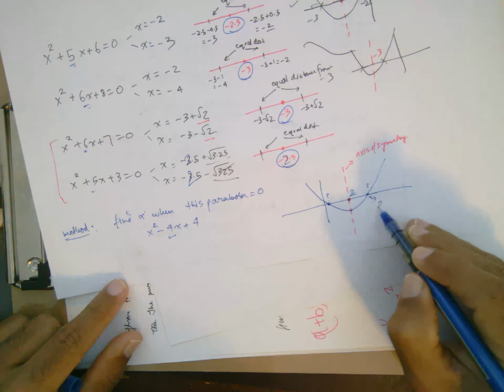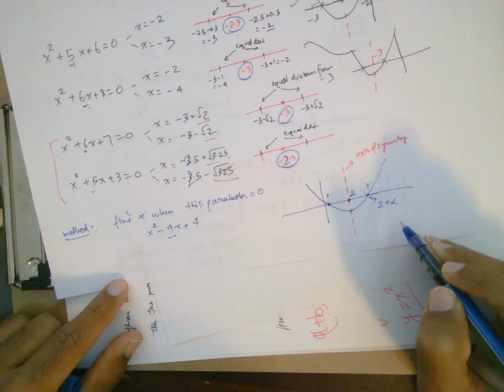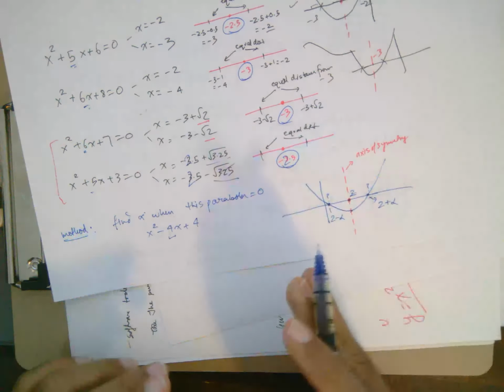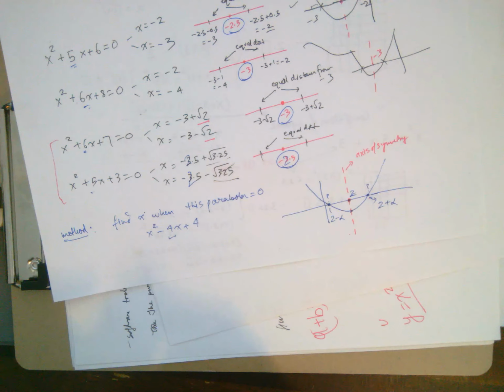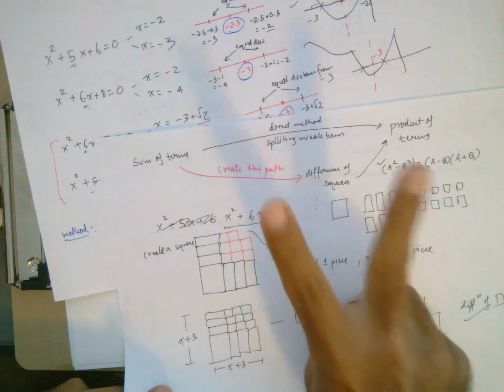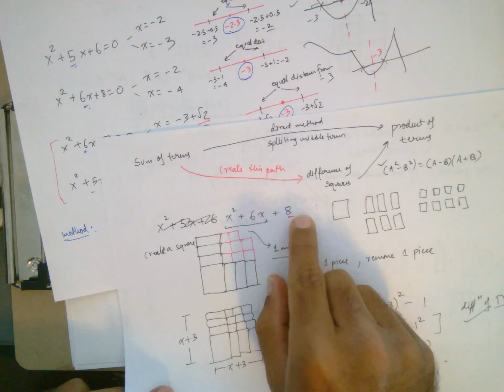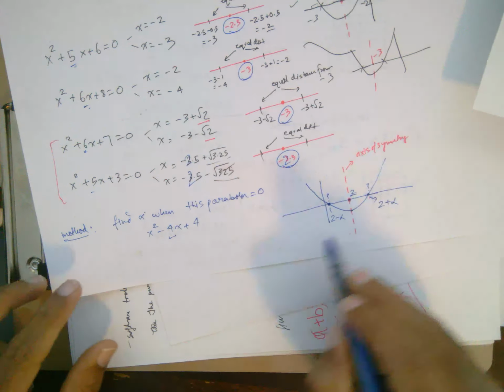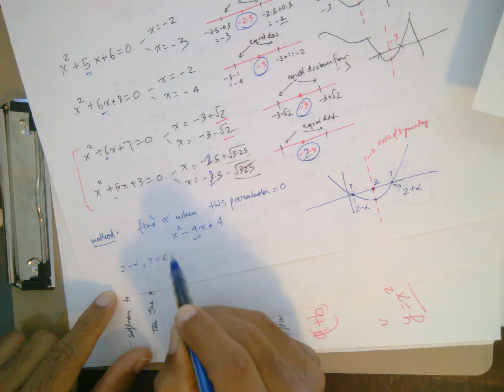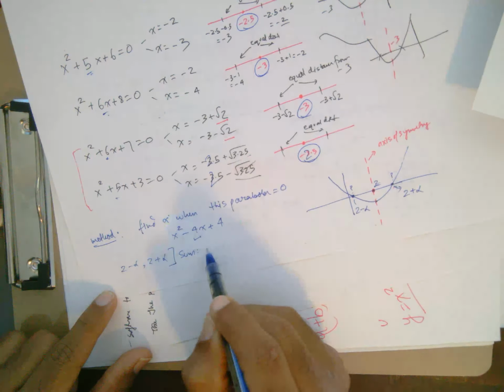So this is going to be, say, 2 plus alpha, and this is going to be 2 minus alpha because they are symmetric. Now we go back to splitting the middle term, the direct method. What was the idea there? You're trying to find two numbers whose sum is 6 and whose product is 8. So we are saying that those numbers are 2 minus alpha and 2 plus alpha. What's the sum? The sum is 4.